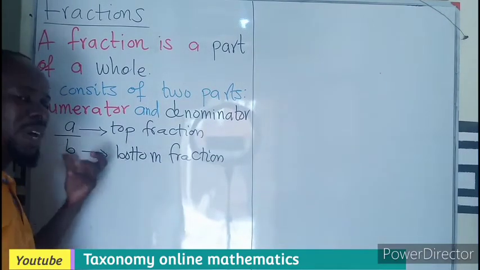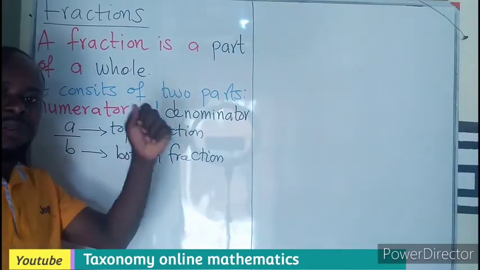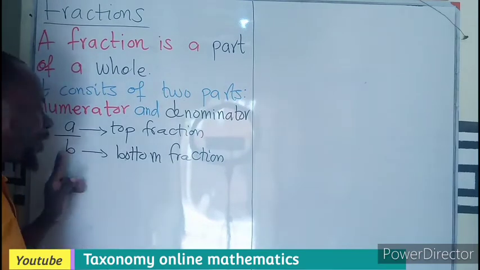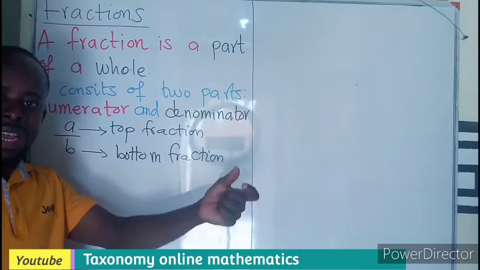Now, what is the difference between the two? The numerator is just the part that you are having. Then denominator refers to the number of parts the whole is divided into.